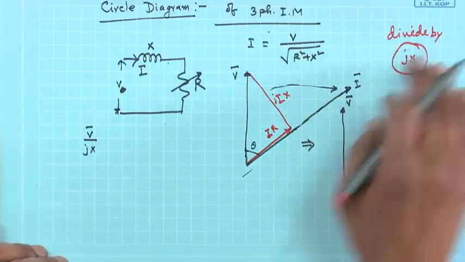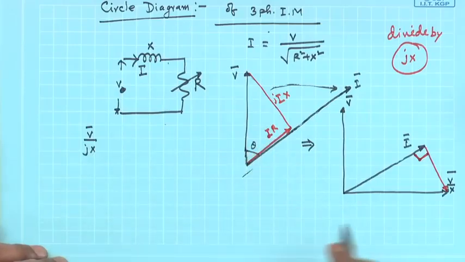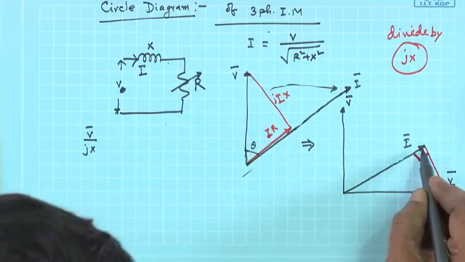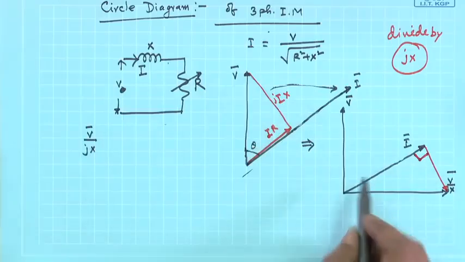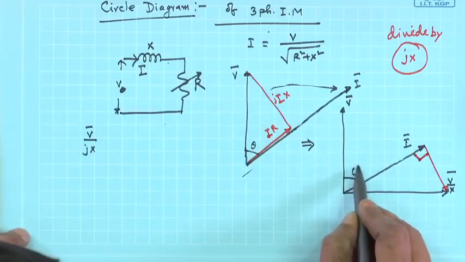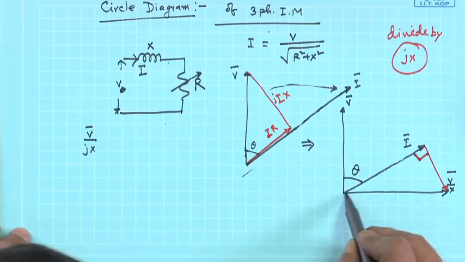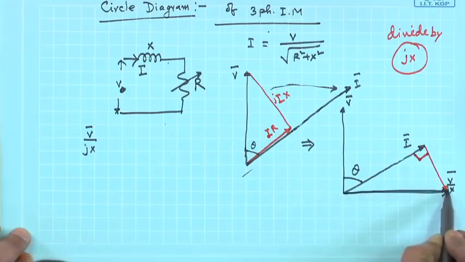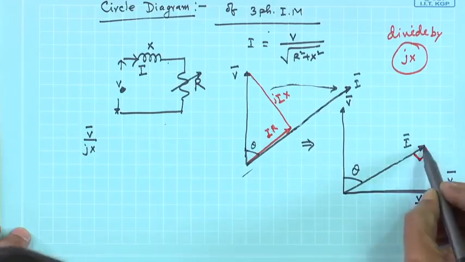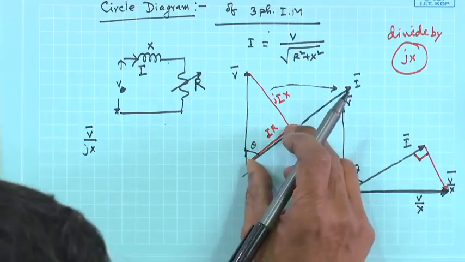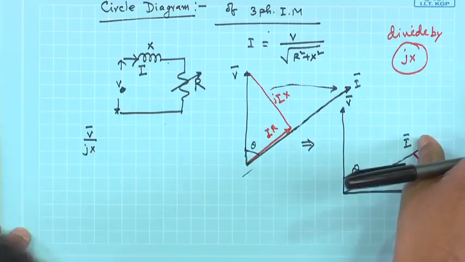So this angle has to be 90 degree, that is all. Therefore, after dividing each side by jx, I get I here, and this angle has to be theta, that is already known, no doubt about that, and this side is V by x. Once you have got these two sides, the third side has to be the transformation of this side and it will fit in there.